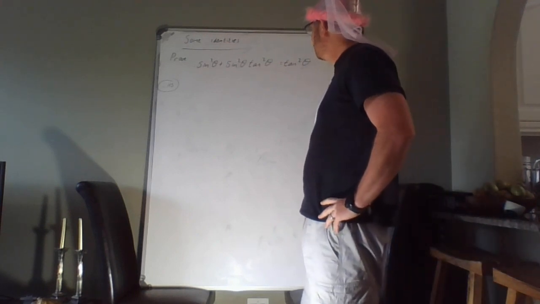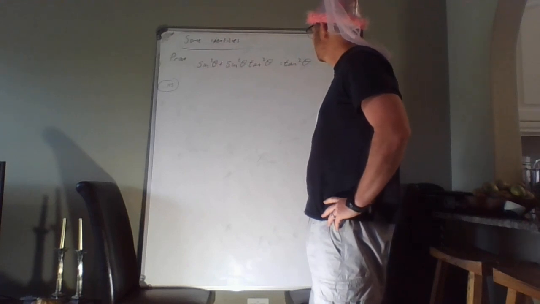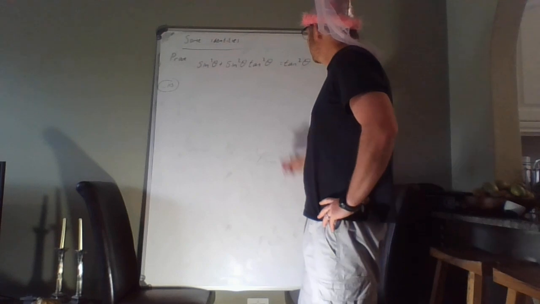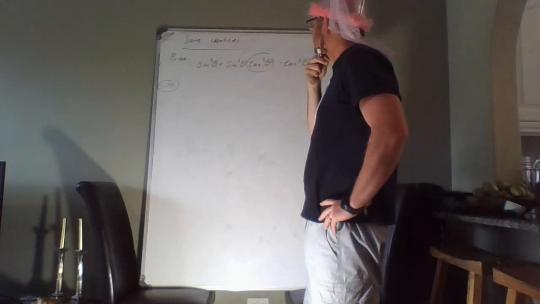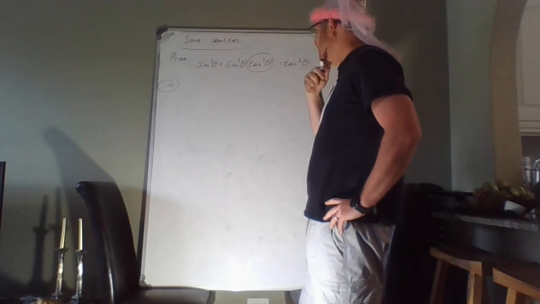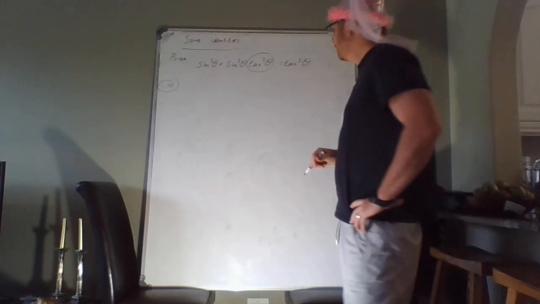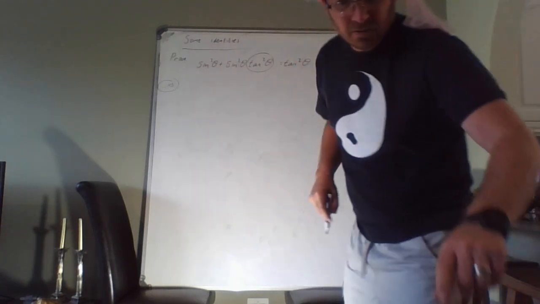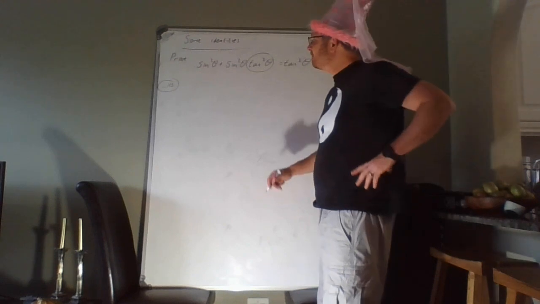So our only real option at this stage is to rewrite tan squared theta on the left-hand side as sine squared theta over cos squared theta. Right, sorry about that.